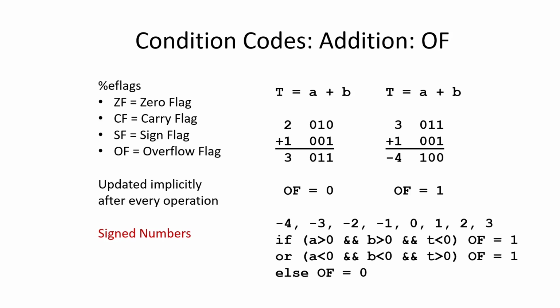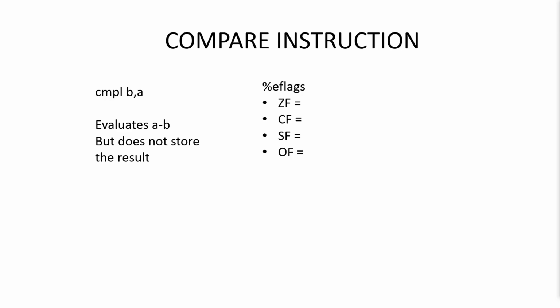Next up, I'm going to introduce 2 new instructions for setting the flags, the condition code register, so that we can use the result of these computations to make decisions about control flow. The first one is the compare instruction. That's CMP, and it takes the suffix L, W, B, just like all of the other operations.